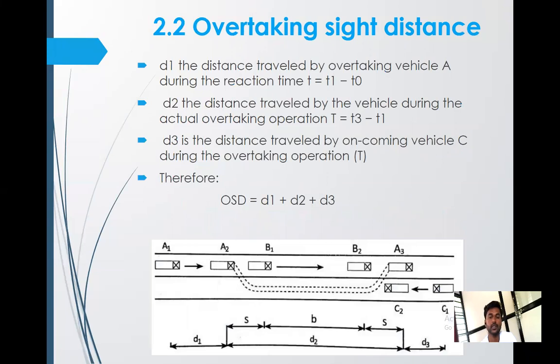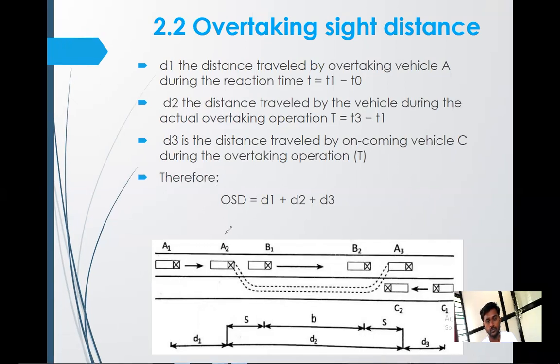Please see here in this figure, S is given. What is S? The spacing between the vehicle at point A2 and B1. This spacing is taken as S. And also when he overtakes the vehicle B, he has to maintain the spacing.